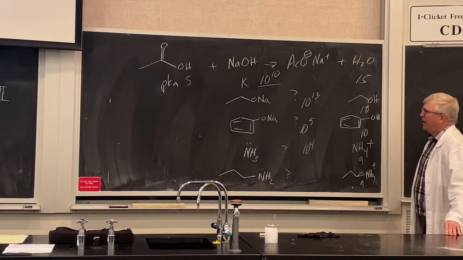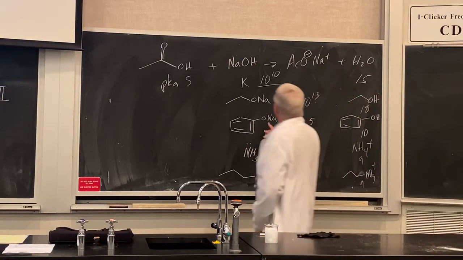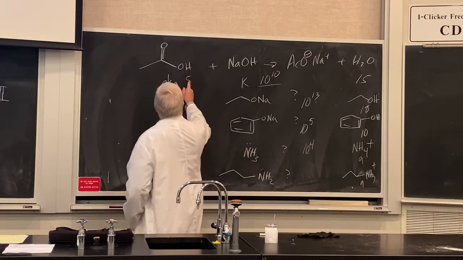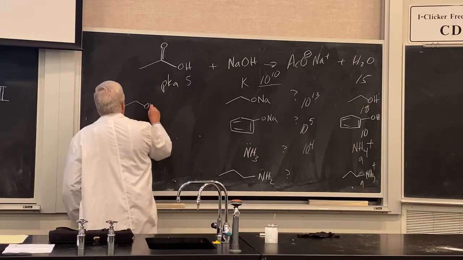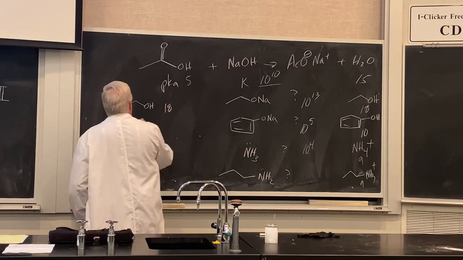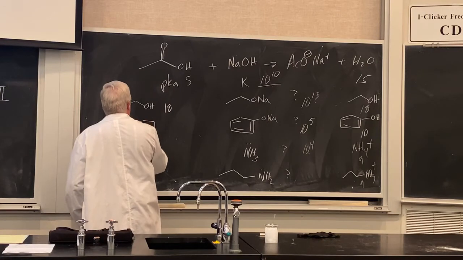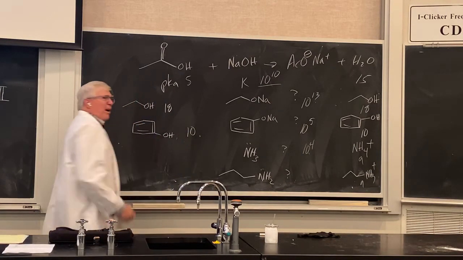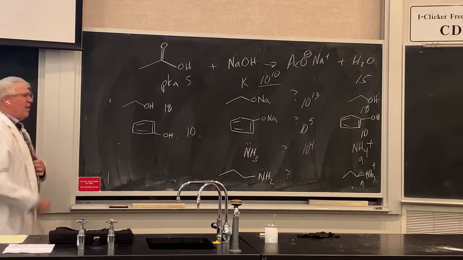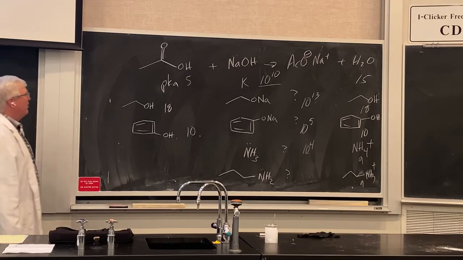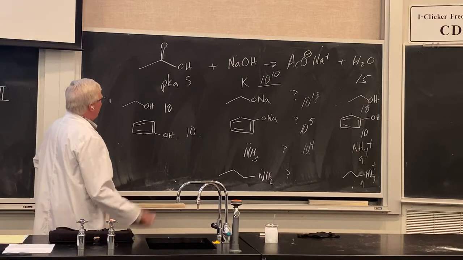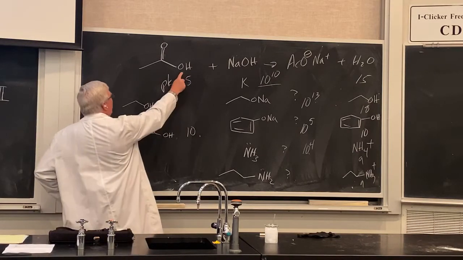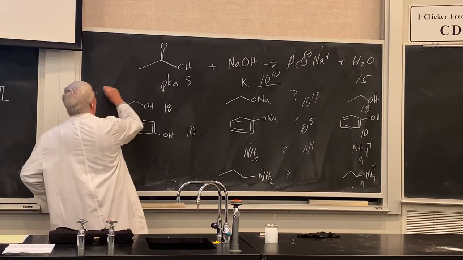So let's compare that. We've got pKa's here: the pKa of ethanol, 18, the pKa of phenol, 10. We did a comparison of these in 351, and there are some other discussions in different places. So which one is the strongest acid? Well, it's definitely the acetic acid. Why?